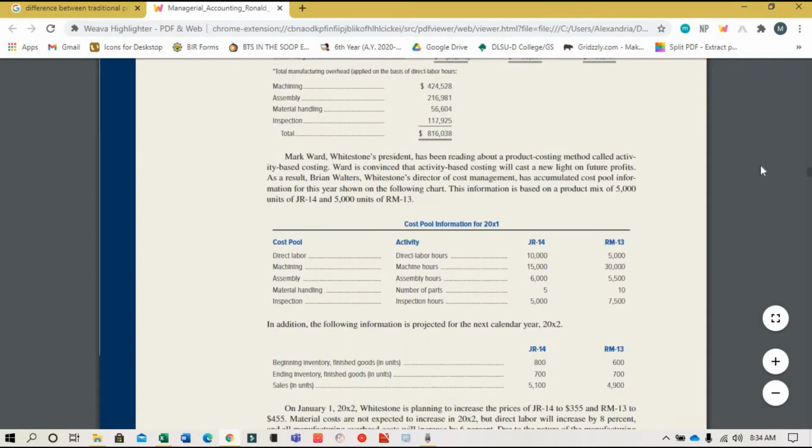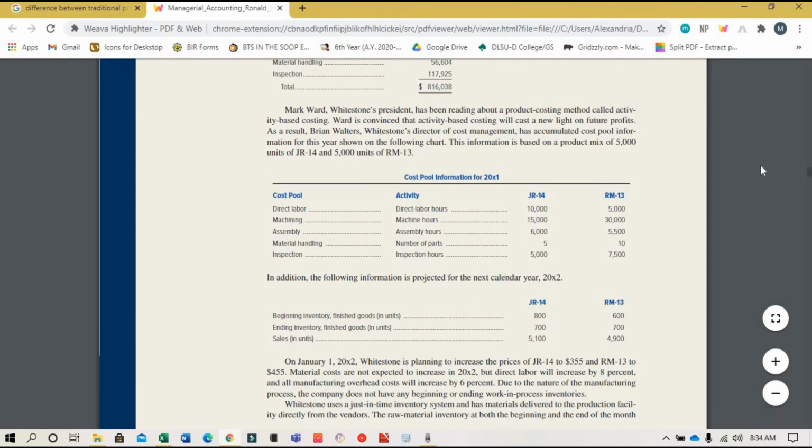The beginning inventory of finished goods in units for JR14 and RM13 are as follows: 800 and 600. Ending inventory of finished goods in units, 700 for JR14 and 700 as well for RM13.